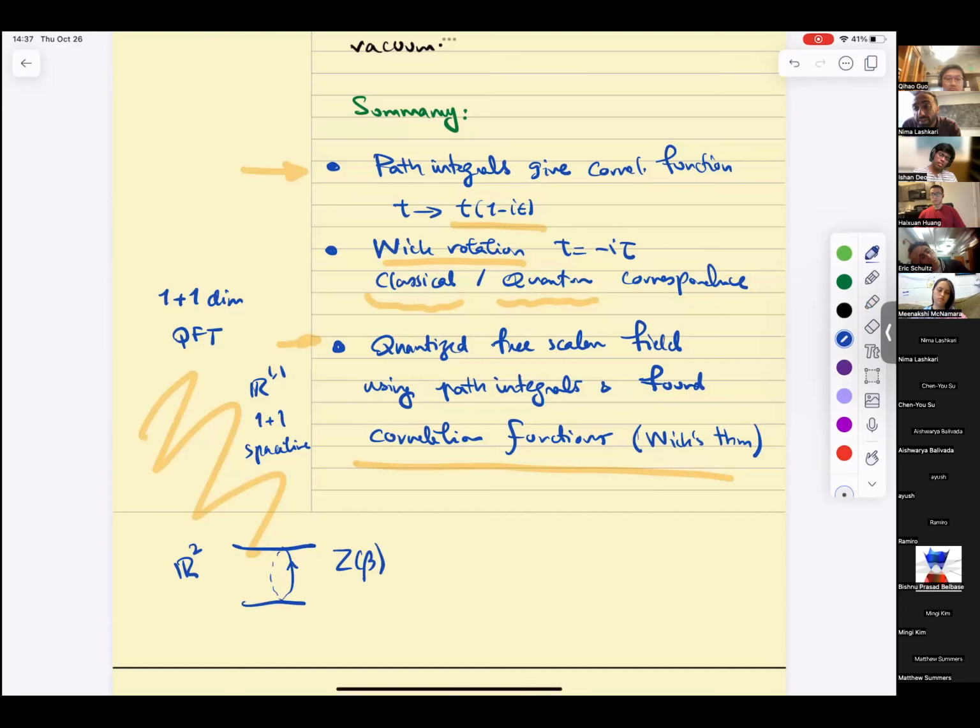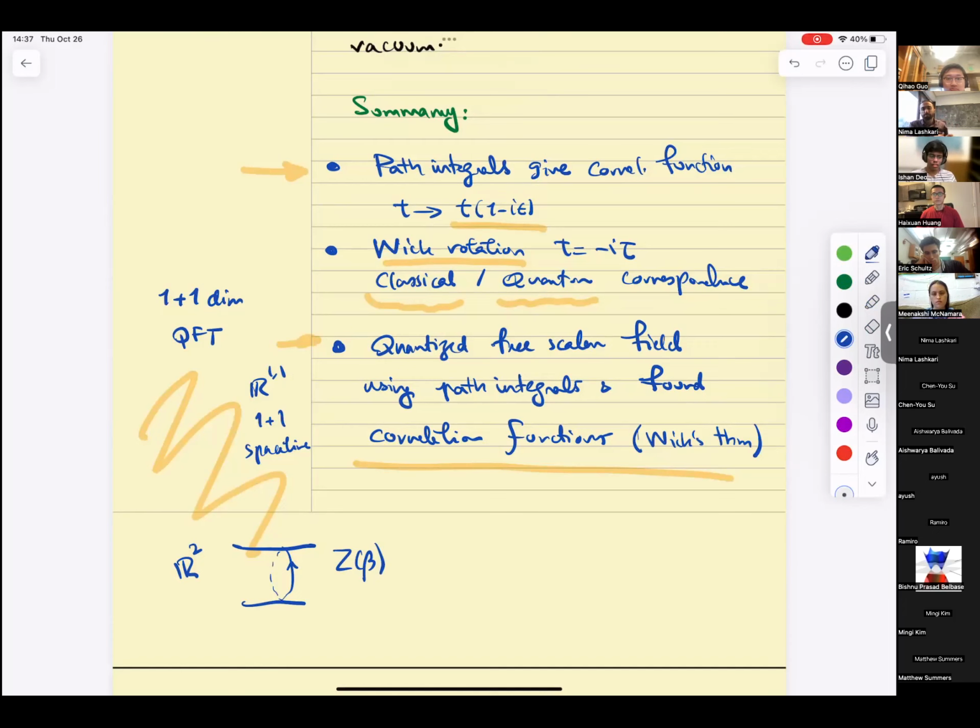But what we're interested in is usually a little bit different. There's a long story for finite temperature, but if you want a way to think about it, this is something you get by putting the theory in Euclidean space and wrapping it around.